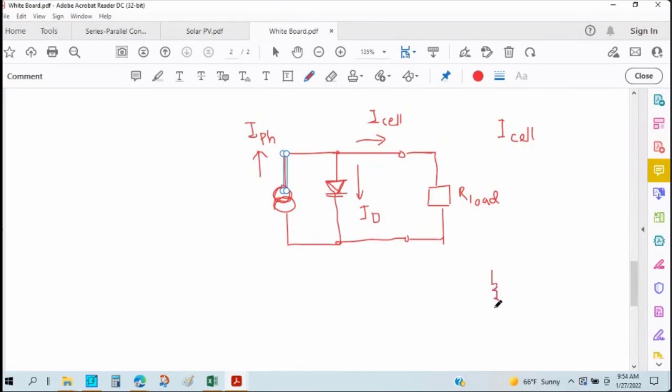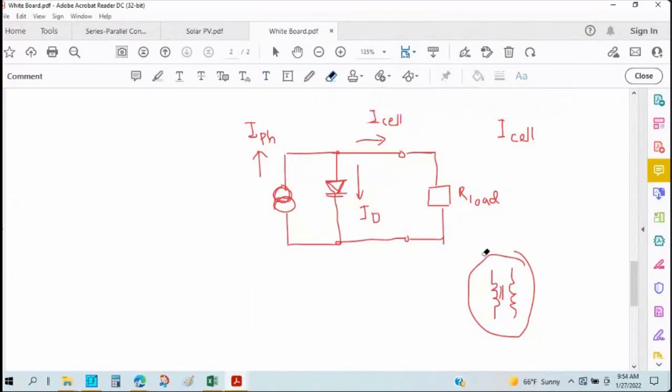Sir, it's for the simulation app, this symbol, transformer. For simulation, which simulator are you using? Sir, when I used Simulink MATLAB, that time I used this kind of symbol. This is the case of an ideal transformer, right? Symbol of ideal transformer.